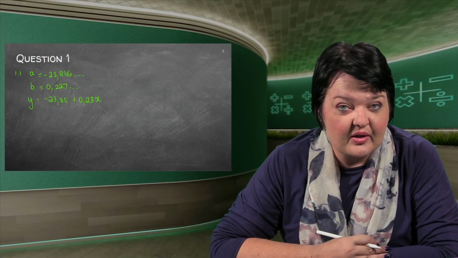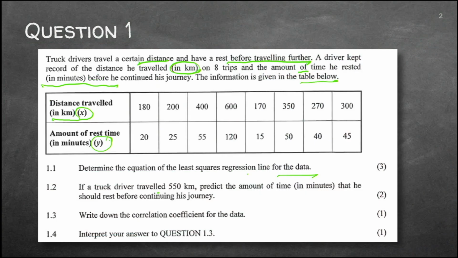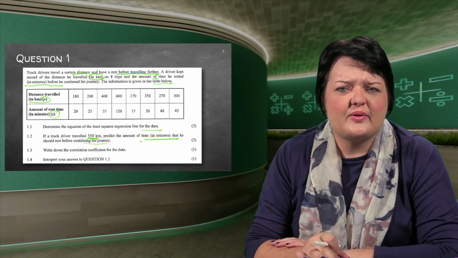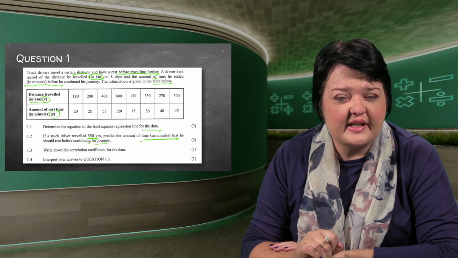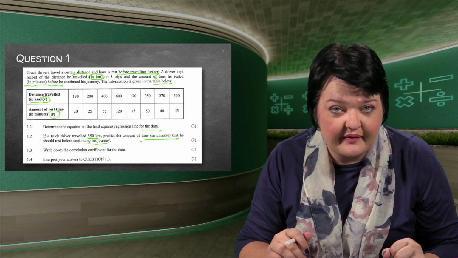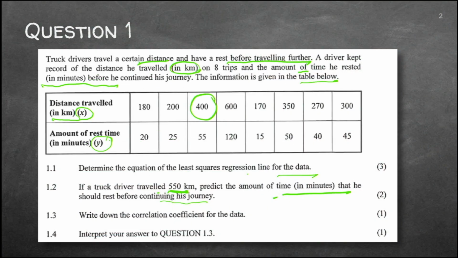The next thing we need to look at is, if a truck driver traveled 550 kilometers, predict the amount of time in minutes that he should rest before continuing his journey. Before I even try to answer this, first make sure that this 550 kilometers is within the data points that we do have. Meaning, 550 will be between 400 and 600.